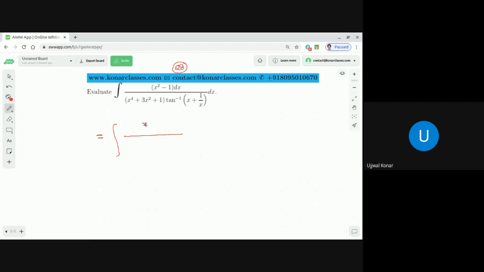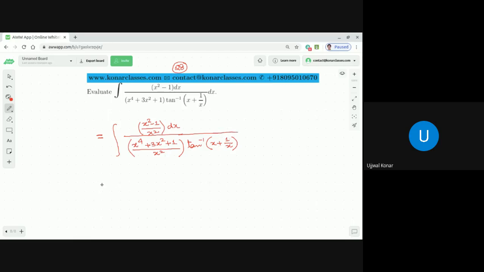So let's divide x square minus 1 by x square, dx, divided by x power 4 plus 3x square plus 1 divided by x square, into tan inverse of x plus 1 by x. That time tan inverse of x plus 1 by x I am just keeping as it is.